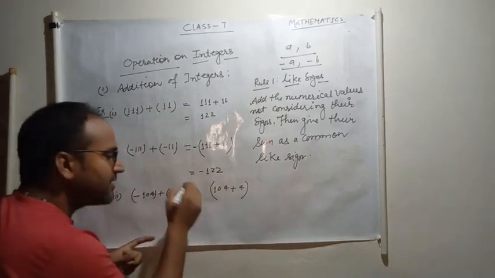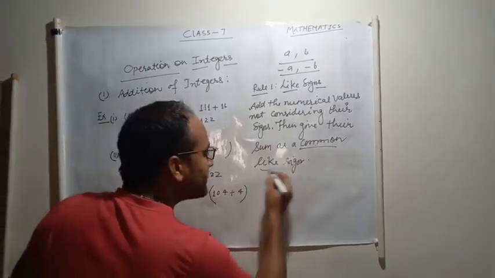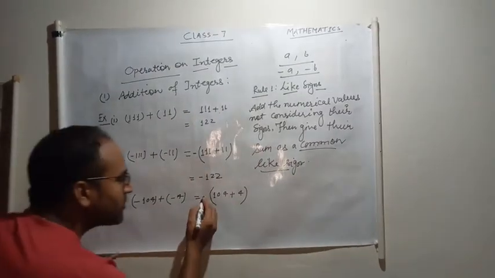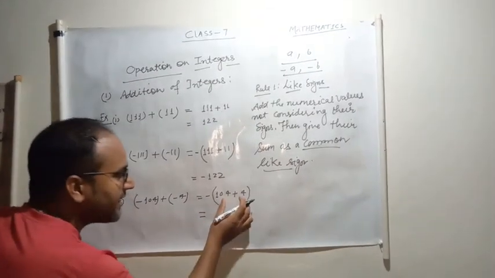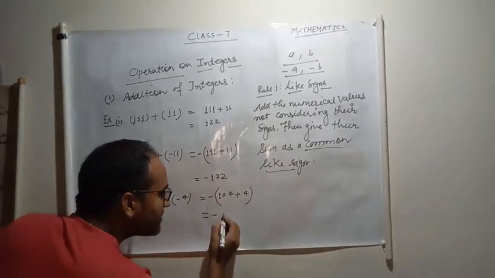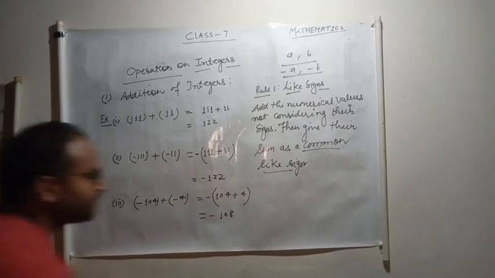Put the bracket and then put the common like sign. The common like sign is minus, so we put the minus sign there. Add these values, we get minus 108.